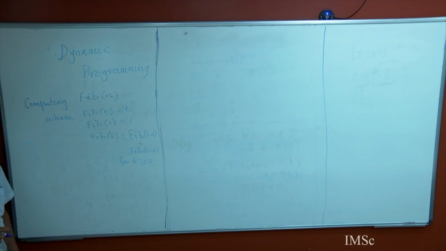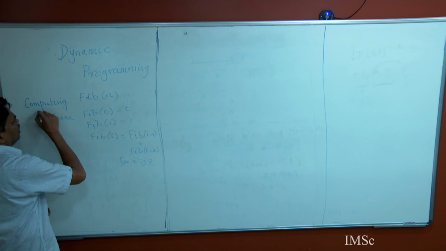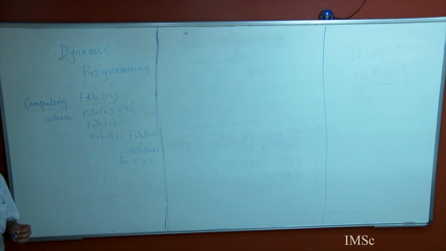Let's follow this convention, which starts with 0, 1, 1, and so on. The problem I want to solve is: given n, compute Fibonacci number n.